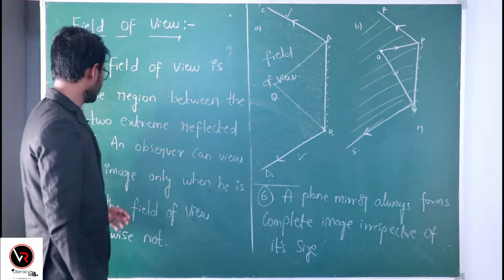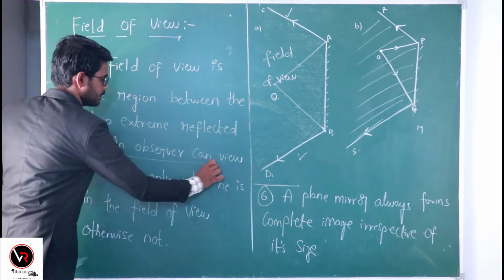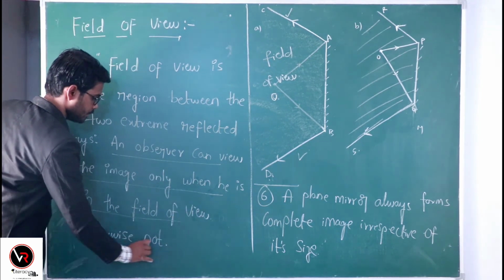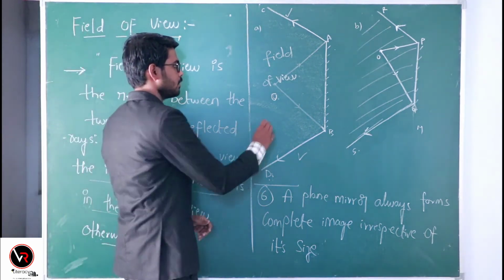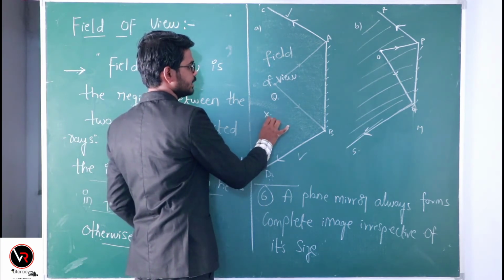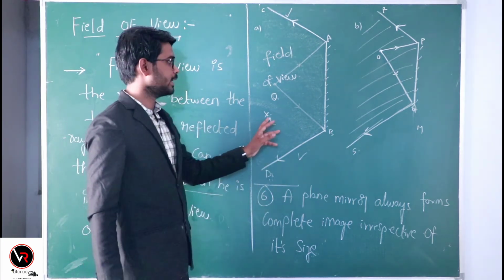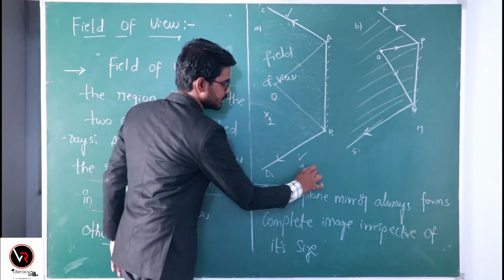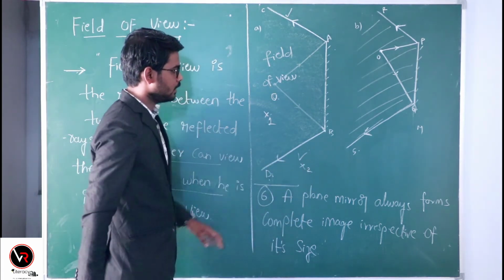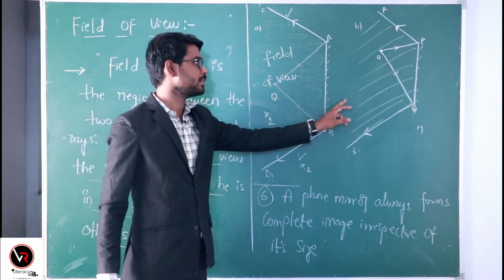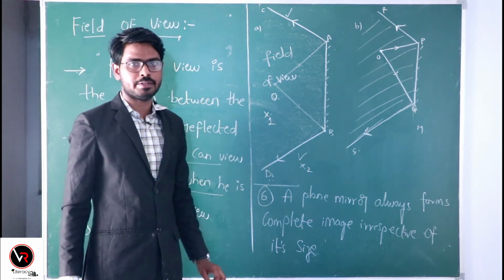Also here one point is given: an observer can view or see the image only when he is in the field of view. For example, when the observer is at this location, let us say location 1, he can see the image inside the mirror. For example, if the observer is at location 2, which is outside this field of view, at this location the observer cannot see the image formed inside the plane mirror.